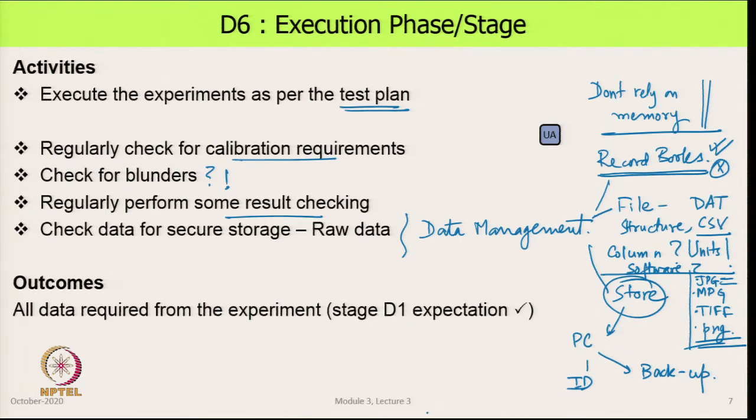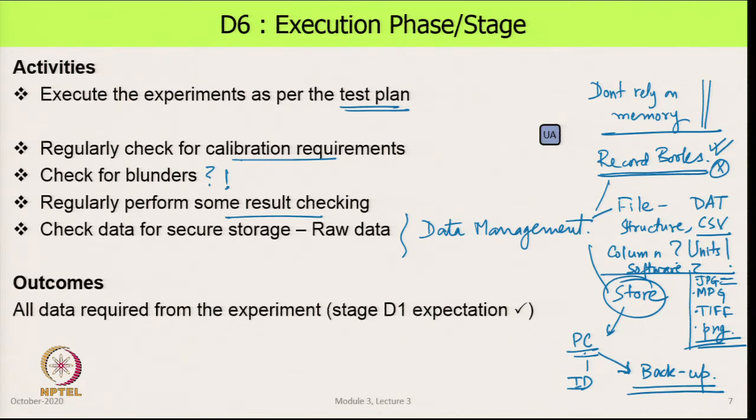Backup on the cloud or backup on your institute's or college's computer system. Those are much more safer than your PC.